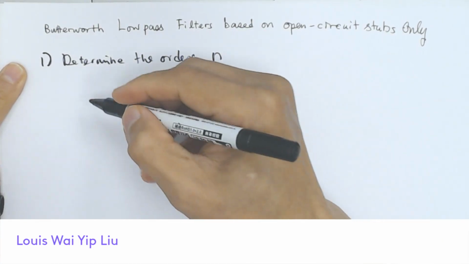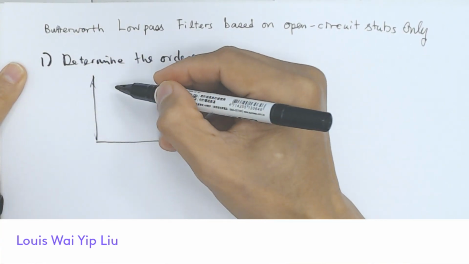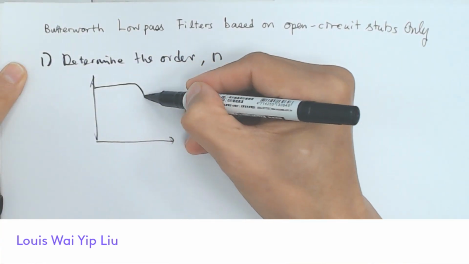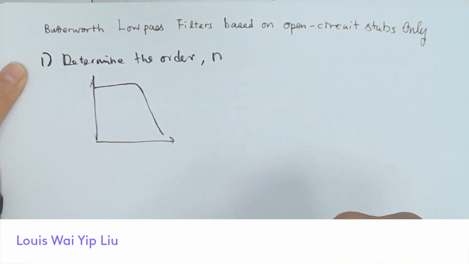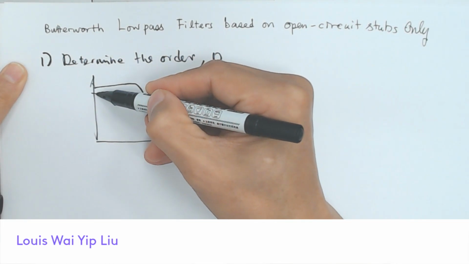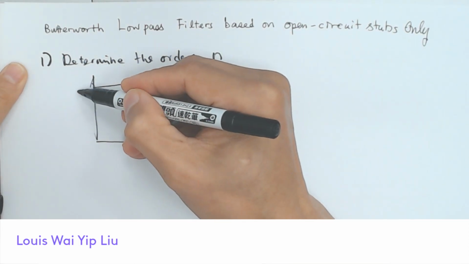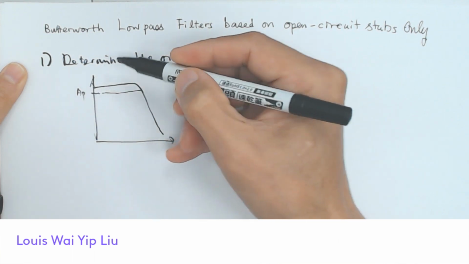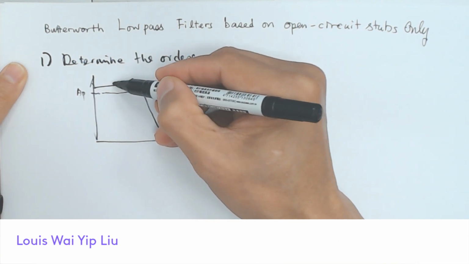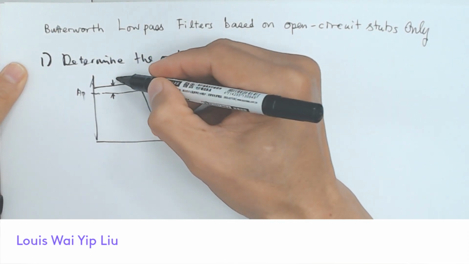Suppose you have a filter characteristic that can be summarized by this graph. You have the passband gain, AP here. AP should be 3 dB below the midband gain.